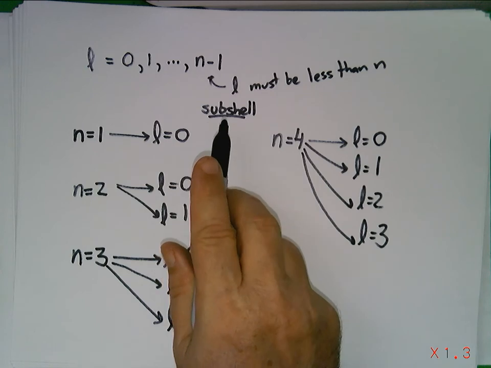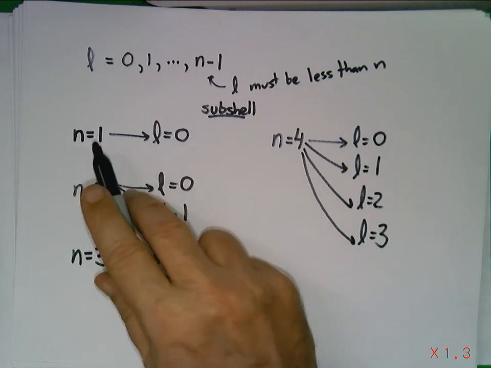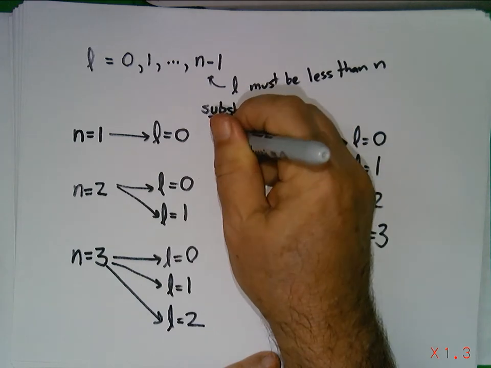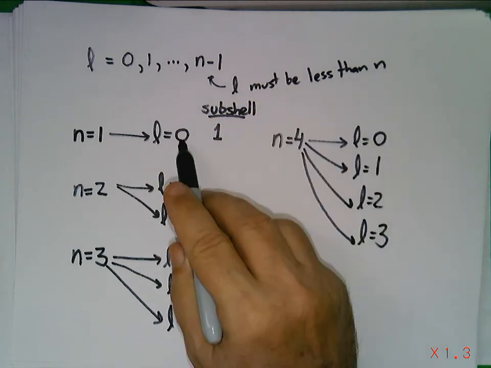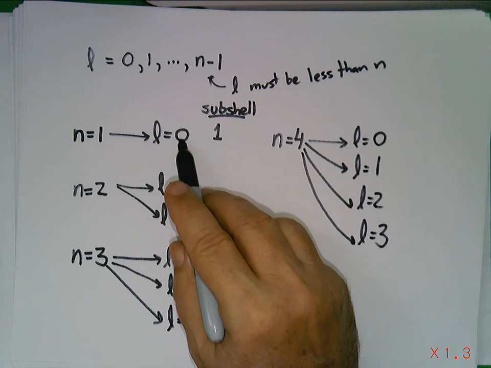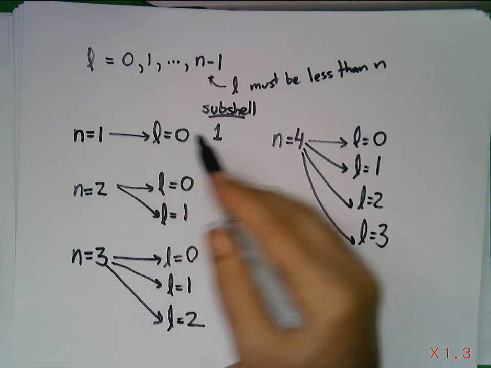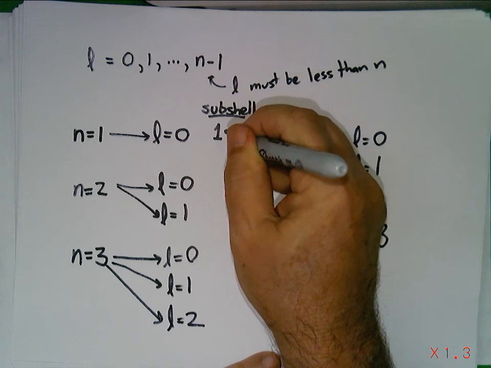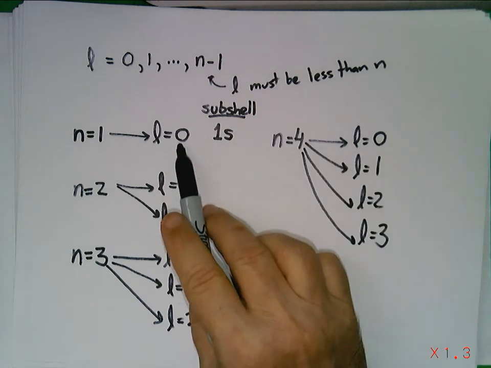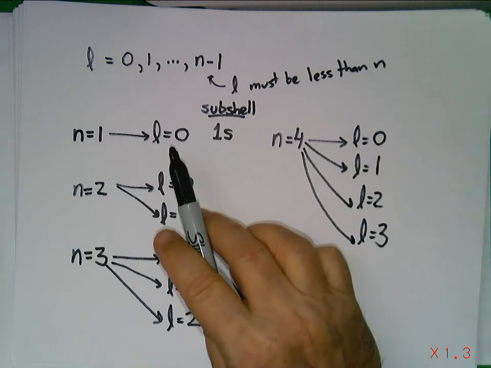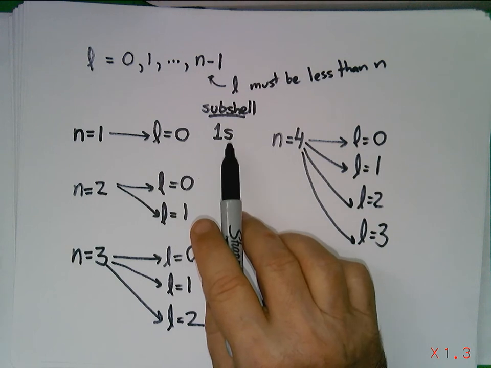To name a subshell, you take the n value, here it's 1, and then you take the shape code for L. Now, when you had L equals 0, what was the shape code? S. So we would say this is electrons that have n equals 1 and L equals 0. We'd say that they were in a 1s subshell.